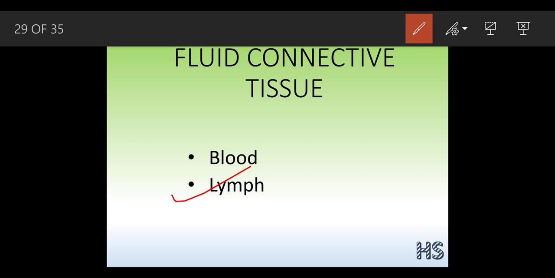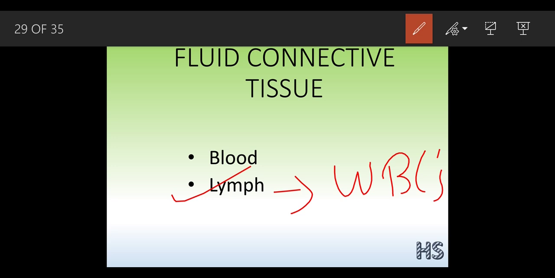Lymph. You have already heard about this word in your 8th standard, lymph vessels. So what is lymph? Lymph is also a fluid. This lymph is made of WBC only.